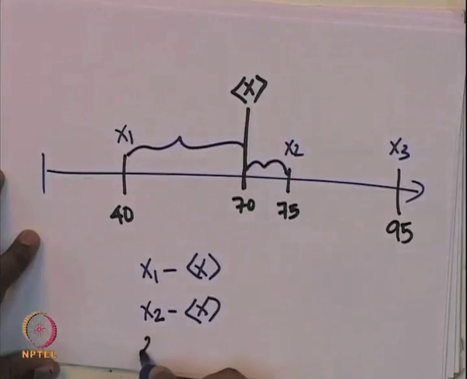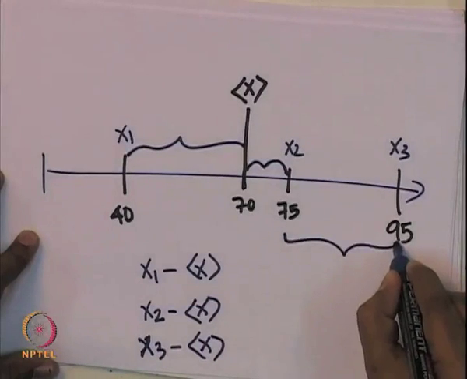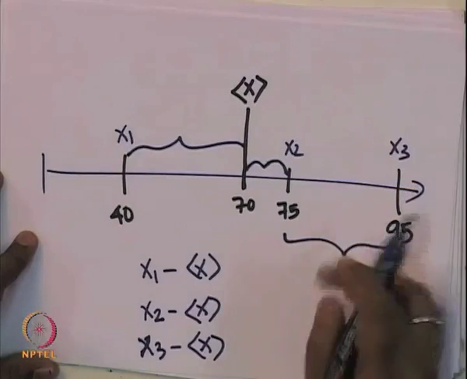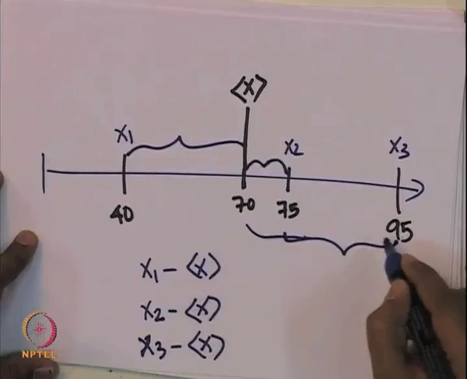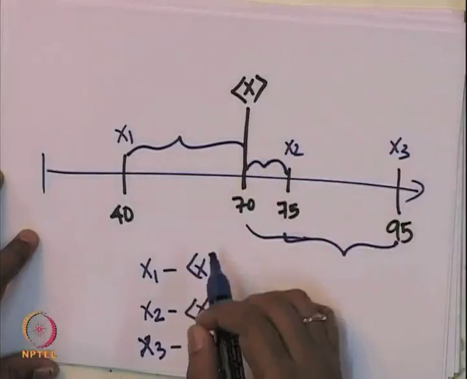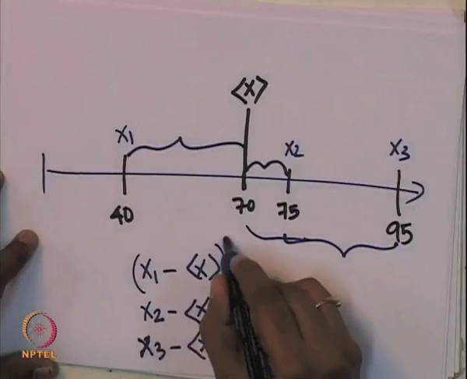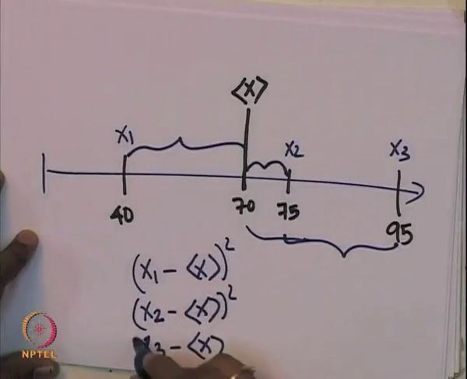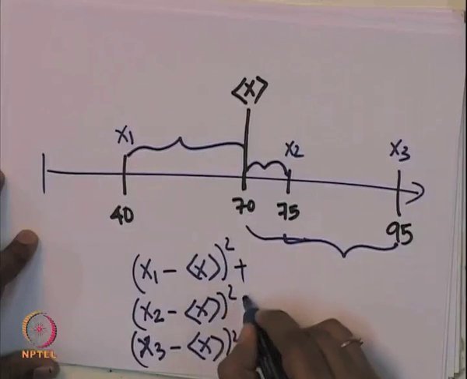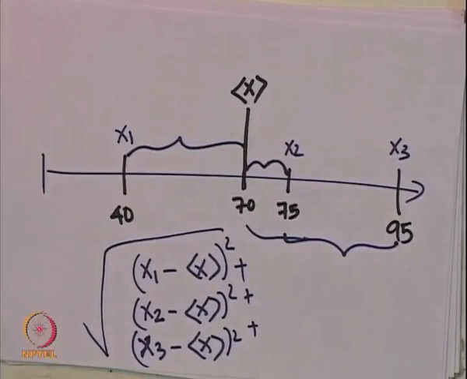Then we calculate x3 minus x average, that is this distance from the average. So we are calculating the distance from the average in each of these cases, and then squaring all this. So this is distance square, then summing and finding the square root. So essentially finding the RMS distance.